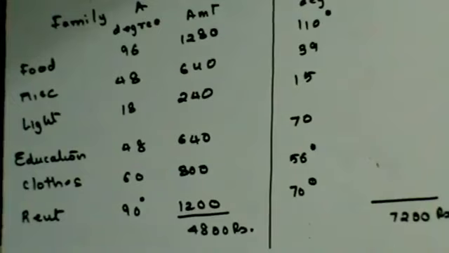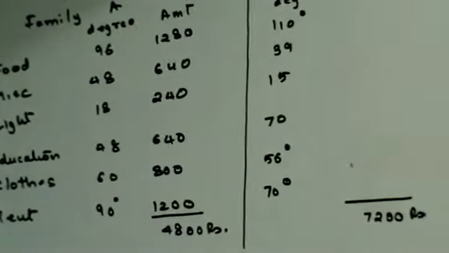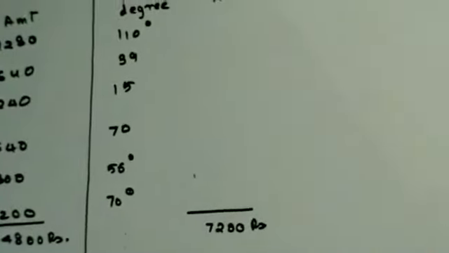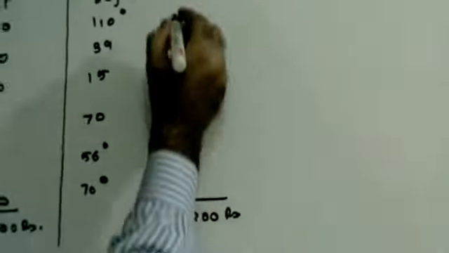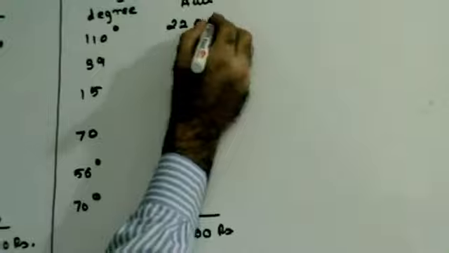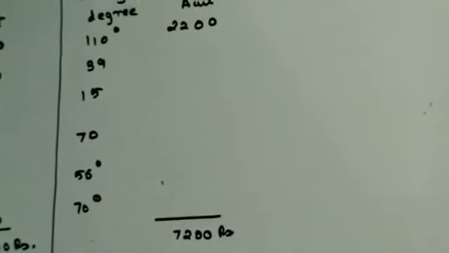Let's move on to family B. For family B, food will be, guys, 110 divided by 360 into 7,200, which is going to be 2,200. Then miscellaneous will be 39 divided by 360 into 7,200, which is going to be 780. Next, light is going to be 15 divided by 360 into 7,200, which is going to be 300.